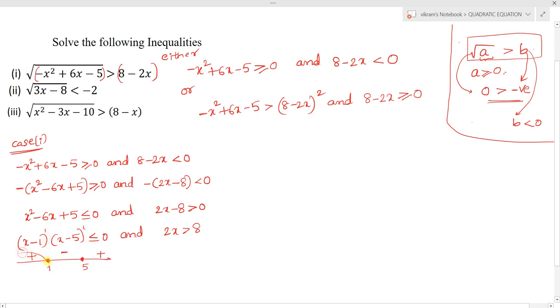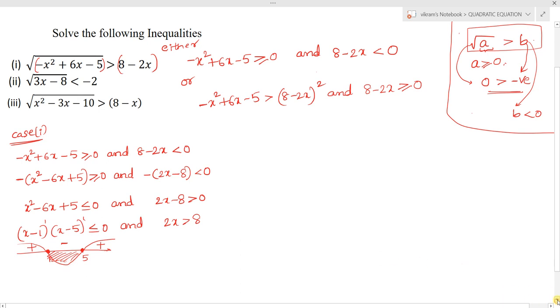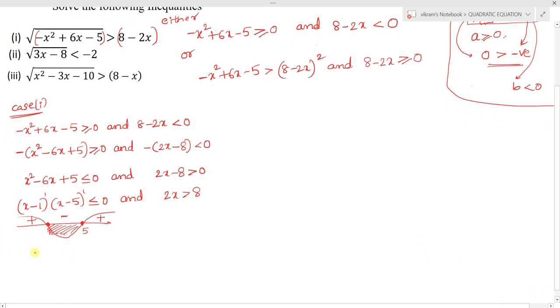Our required portion is less than or equals to 0. Since the equals to condition is given, x belongs to closed braces 1 comma 5, both 1 and 5 included.